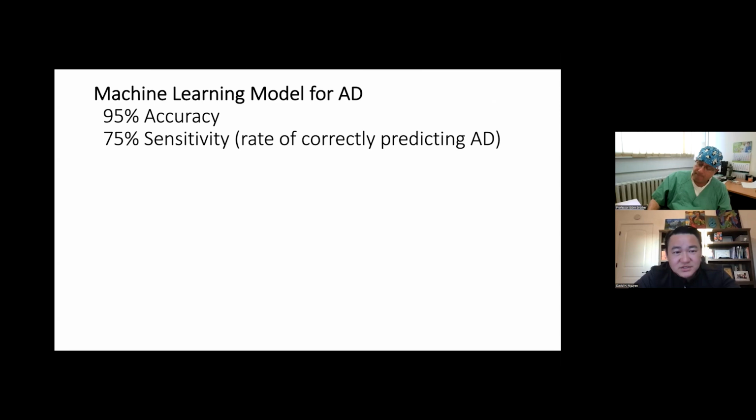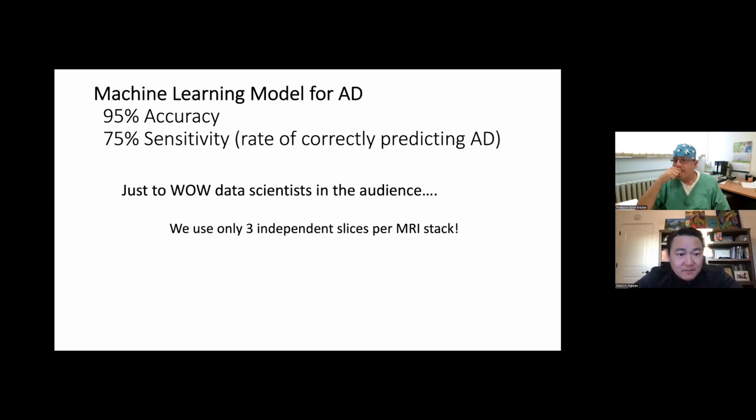And of course, our goal is that eventually we will break 75% and hopefully reach near 90 in our sensitivity. But I point this out because already using our approach, we've attained the accuracy and sensitivity of the best papers published in the field at this point.